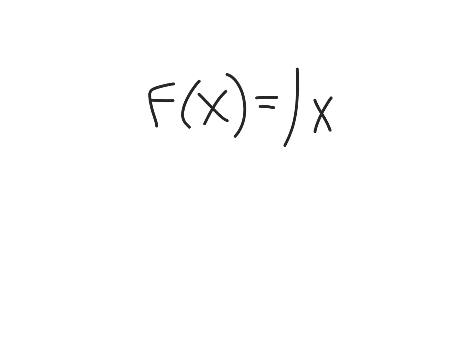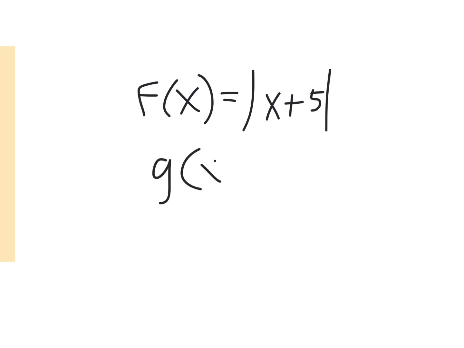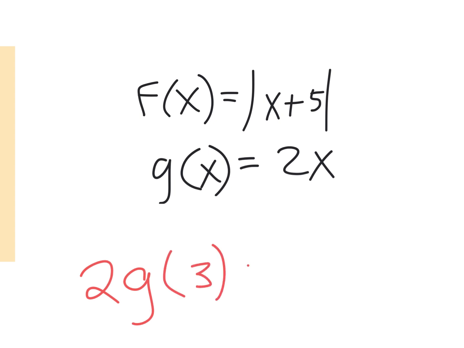You ready? All right. If f of x is the absolute value of x plus 5, and g of x is equal to 2x, what's 2 g of 3?